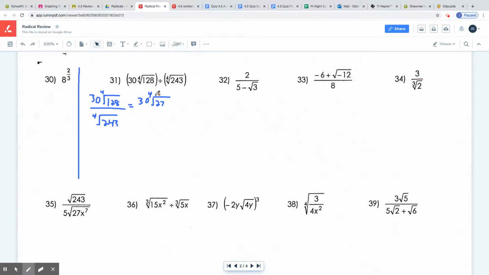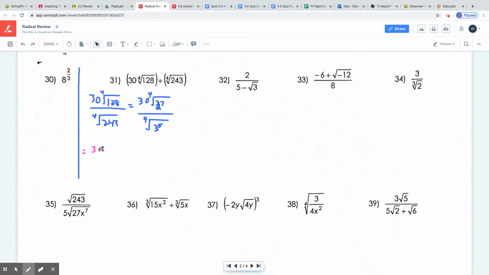So it's 2 to the 7th. Then I have 243, which is 3 to the 5th. It's 3 times 3 times 3 times 3 times 3, 5 times.